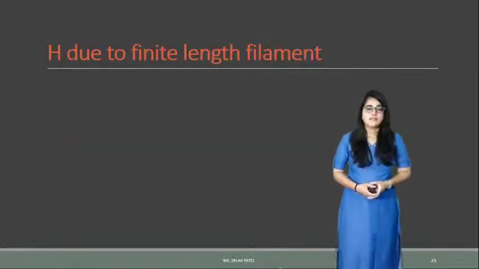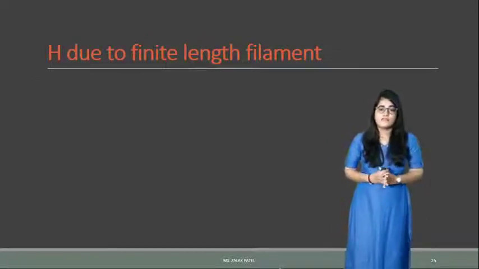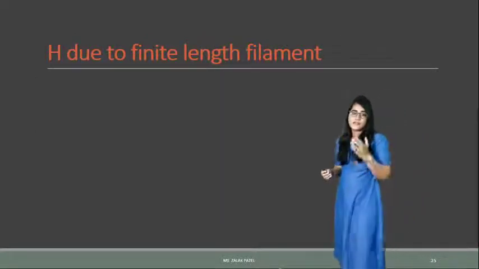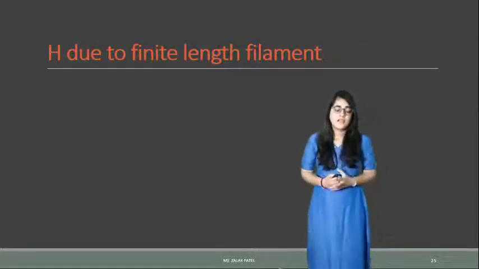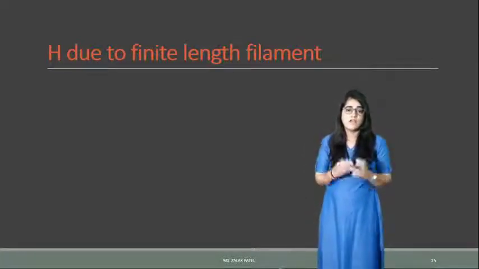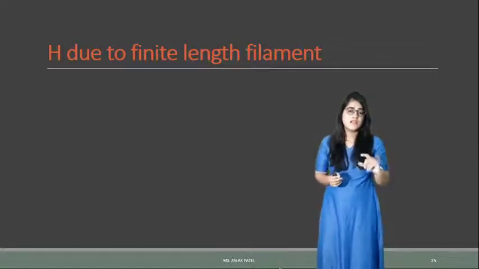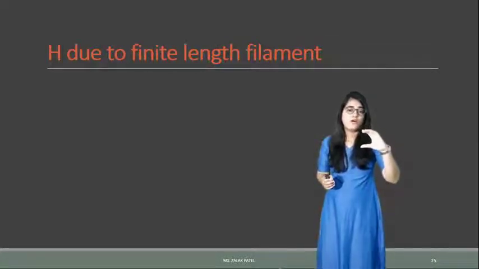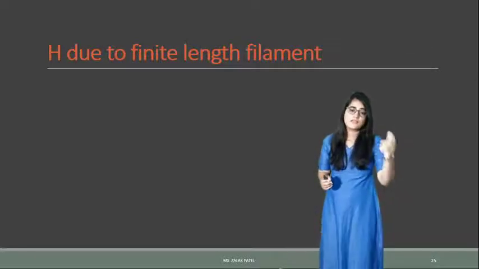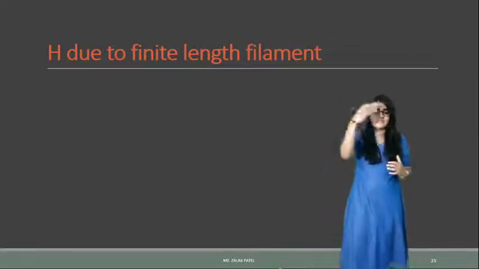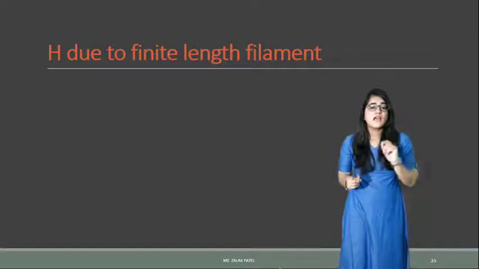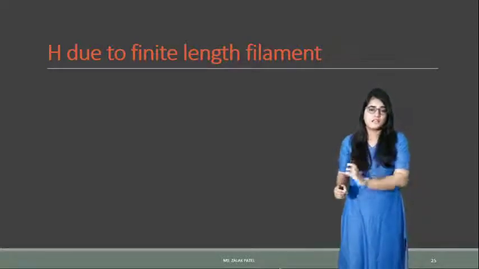Now let's see the H bar due to finite length filament. In the last theory, we have seen the magnetic field intensity due to infinite length filament. Here the same procedure will be taken, but the only change will be the length of the filament. In that case, we have taken the limit from -infinite to infinite, because we have considered infinite length filament.